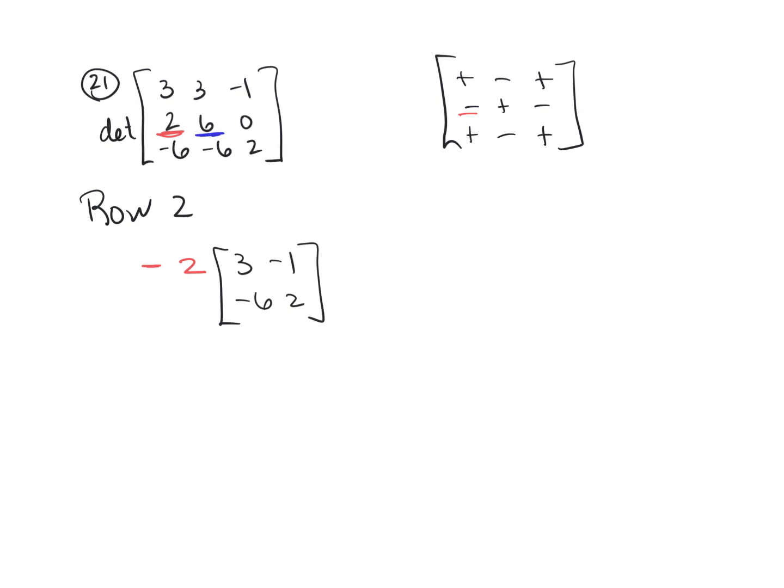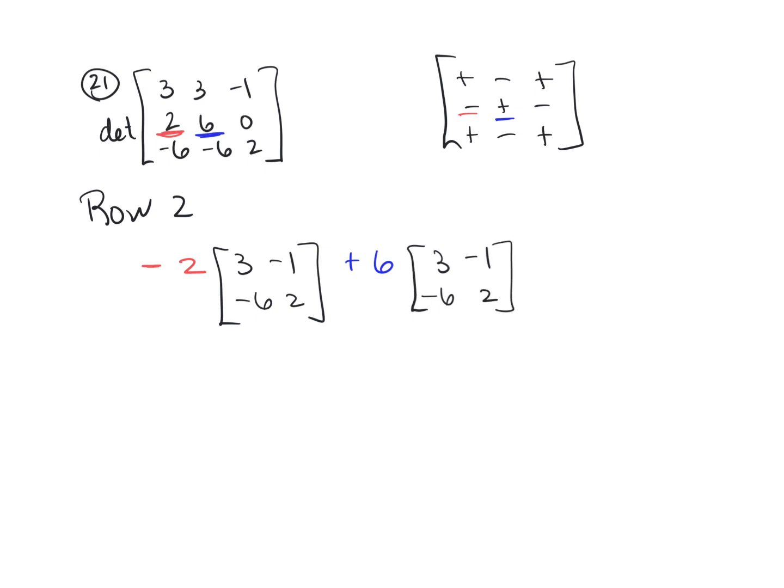Then I'm going to move on over to our 6. If I look at our sign matrix, we'll have a positive 6. If I cross out row 2, column 2, I will have left over 3, negative 1, negative 6, 2. Is that right?